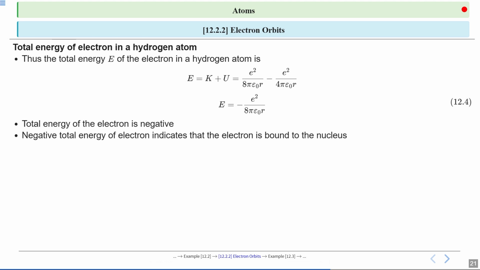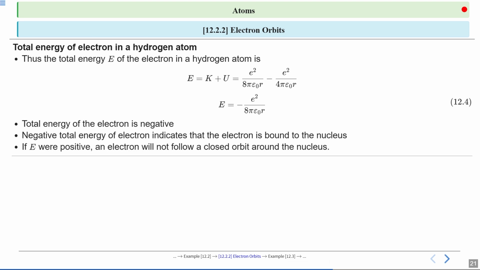This is why atoms are stable and don't just fall apart. If the total energy E were positive, the electron would not stay in the closed orbit around the nucleus, it would escape. So negative energy is what keeps the electron in its orbit.